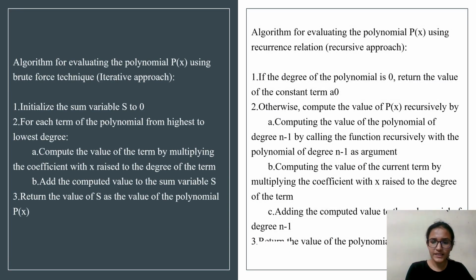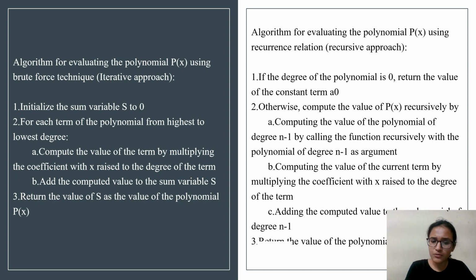Algorithm for evaluating the polynomial using the iterative approach: we have to read the value of x, an array for the coefficients of each term, and the number of terms. And we will take a variable s and initialize it to 0, which will be storing the sum of all the terms.